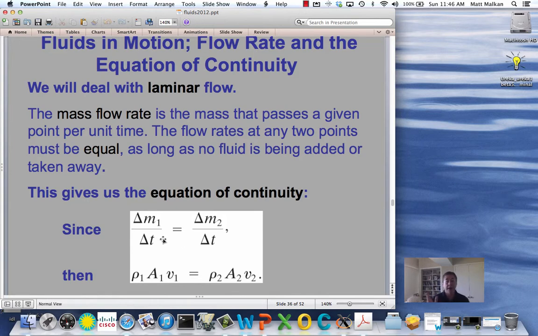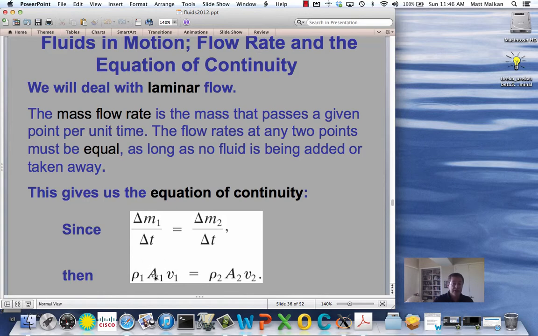Or if you're talking about a fluid, for example, that is flowing through a streamline that has a cross-sectional area which varies, then we'll call the cross-sectional area A. Here's the velocity at the first point where A is measured, and here's the density of the fluid at that point.